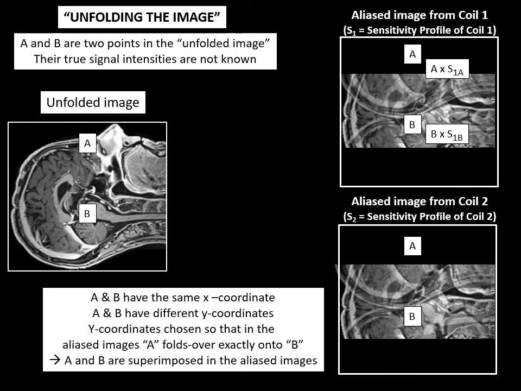We don't know what the true pixel intensity value is, but we know it's going to be influenced by the signal intensity profile of coil 1 at this point B. Similarly, in the aliased image from coil 2, we don't know the true value of the pixel intensity at A, but we know that it's influenced by the signal intensity profile of coil 2 at this point, and the same for point B.